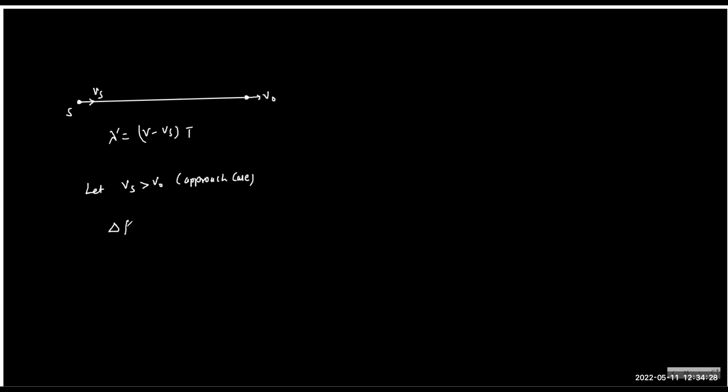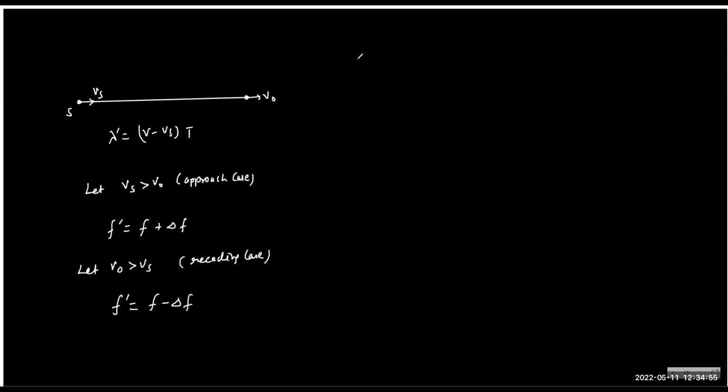So delta F will be positive, and the F dash will be F plus delta F. Let V naught be Vs, receding case, F dash will be F minus delta F.